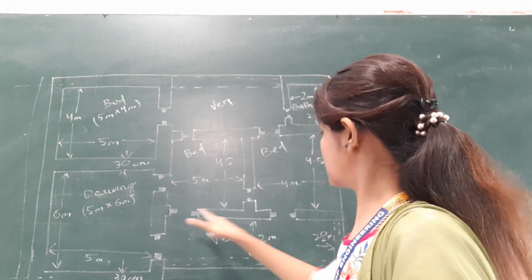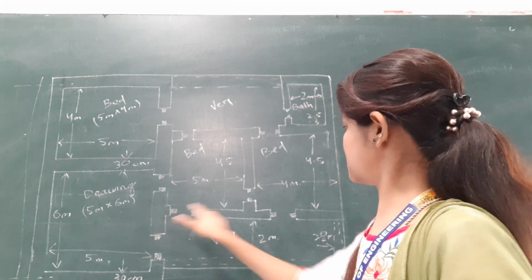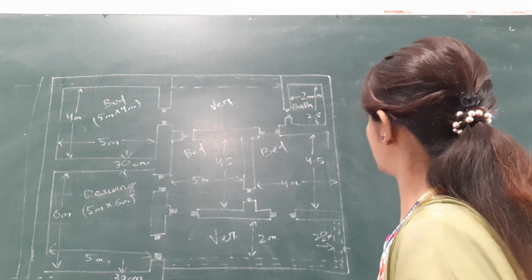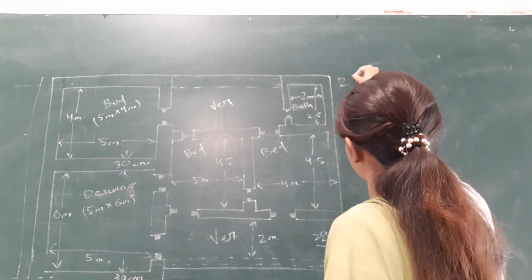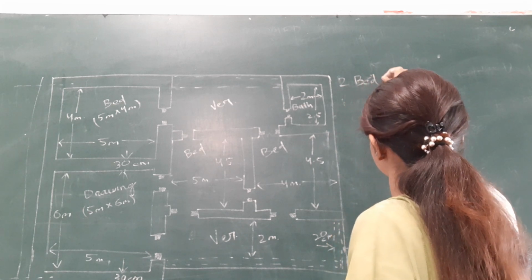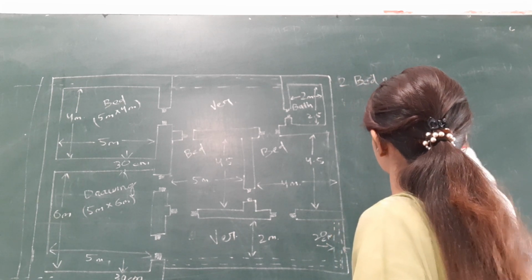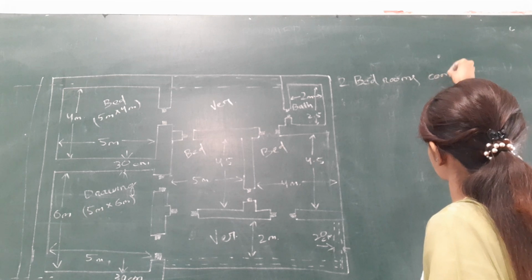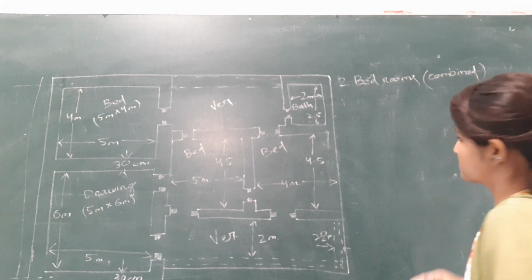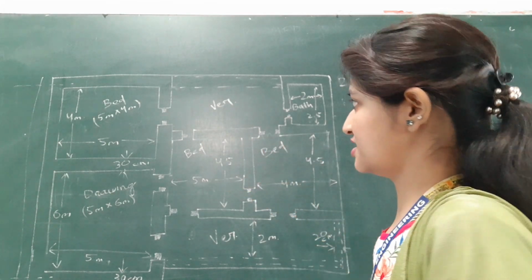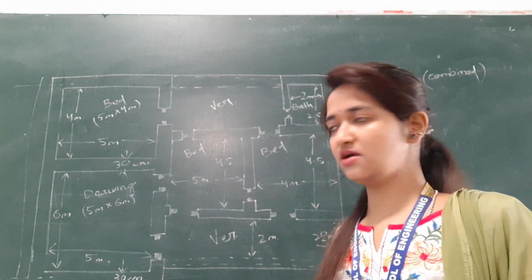This was also starting and ending from this to this only. So we can write 2 bedrooms combined, for long wall and short wall.